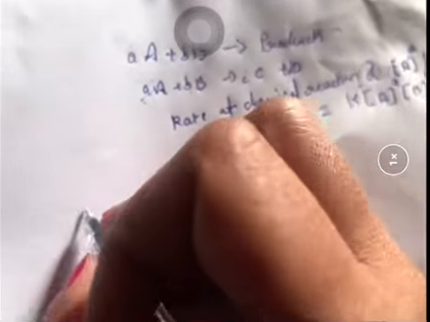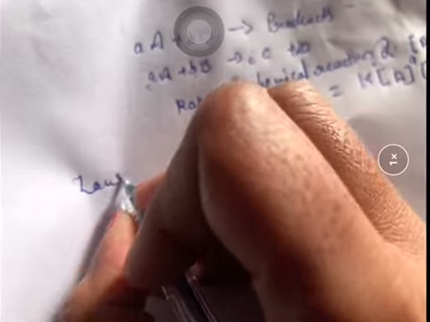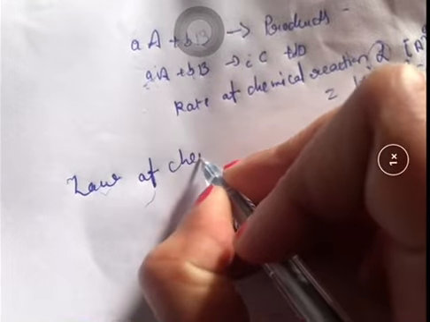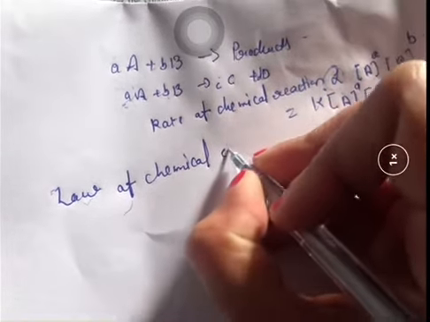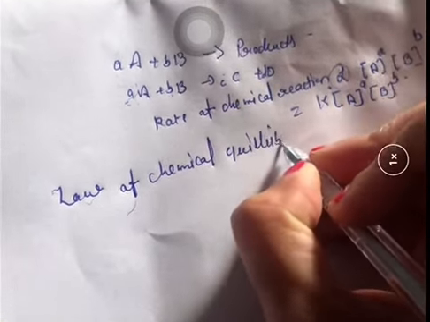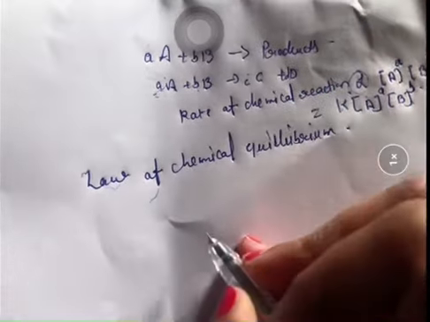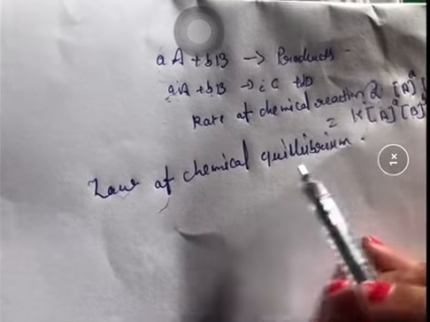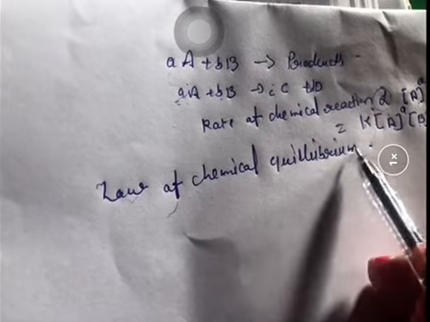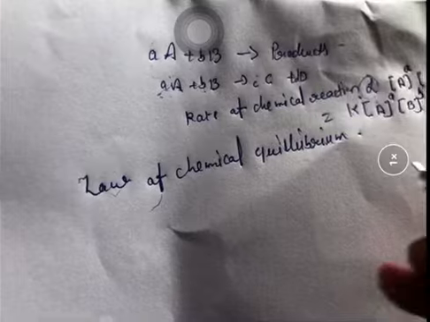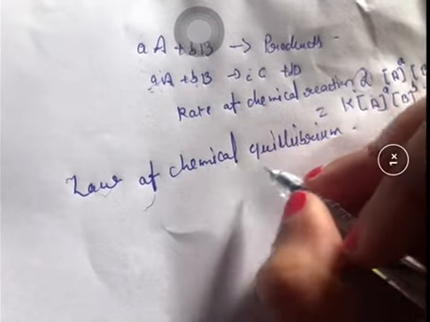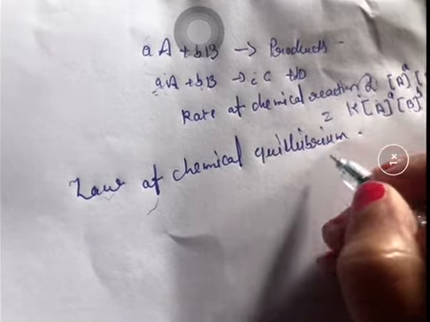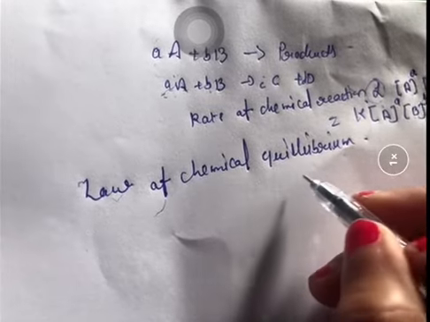Now our next topic, the law of chemical equilibrium. How can we define it? We can apply the law of chemical equilibrium to a reaction that is reversible in nature. That means we have to take a closed container in which the reactions can be reversed.